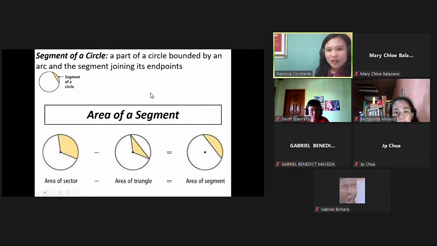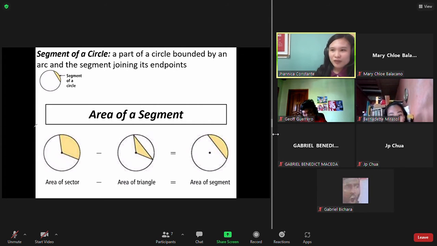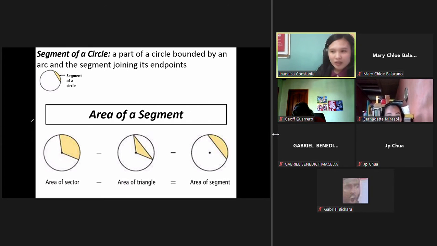Okay. Area of segment is a combination of the formula of the area of sector minus the area of the triangle. So how do we find the measurement of the area of segment? We have the formula for the area of sector, which is the measurement of the arc divided by 360 multiplied by the area of circle.